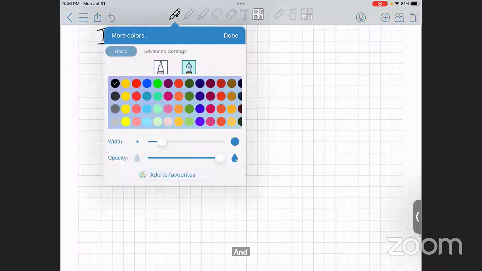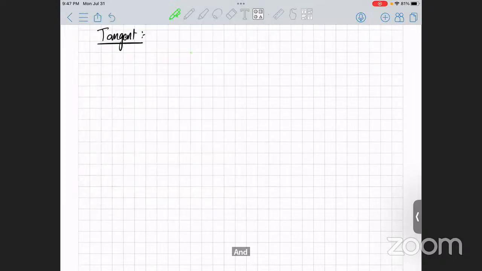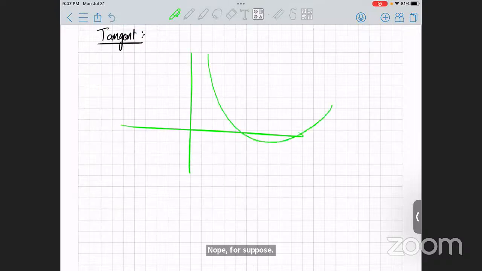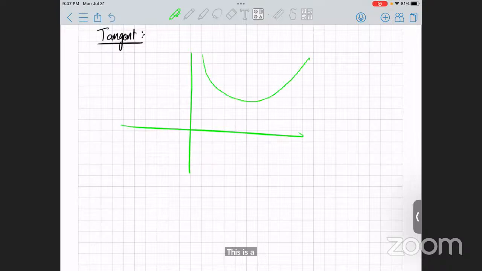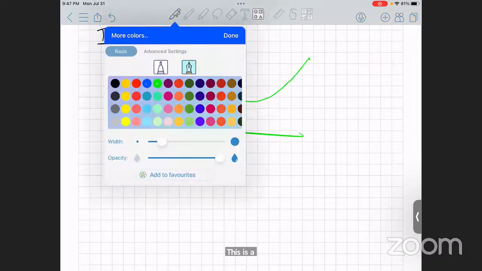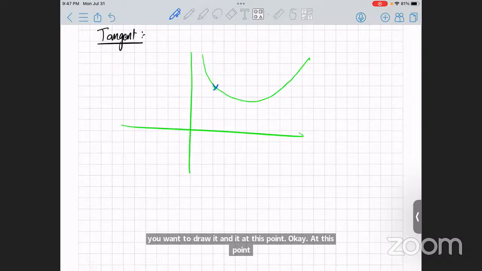Look, suppose this is a curve. If you want to draw a tangent at this point, it gives the direction of the curve at that point.